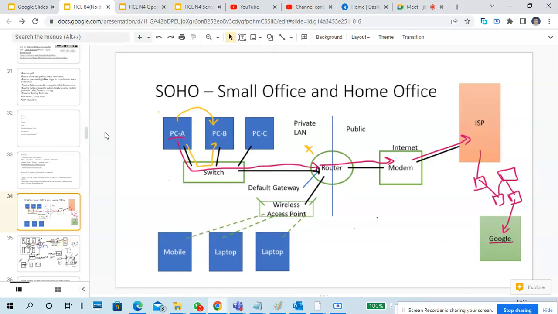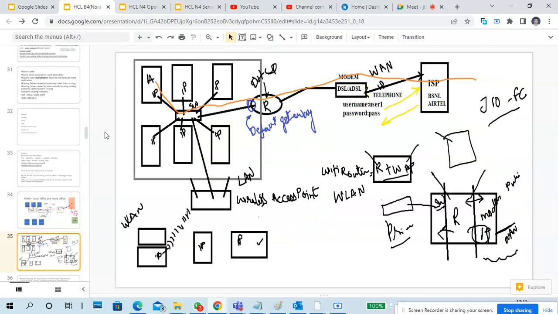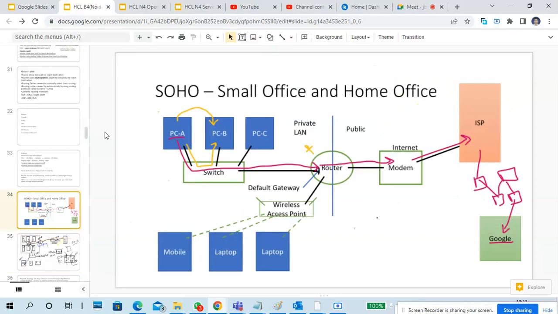A switch connects wired devices; a wireless access point connects wireless devices. For example, you combine a wireless access point plus a router, and it becomes a Wi-Fi router. A router is an interconnecting device. It makes a connection from the inside network to the outside network, and you combine this wireless access point with your router, and it becomes a Wi-Fi router.